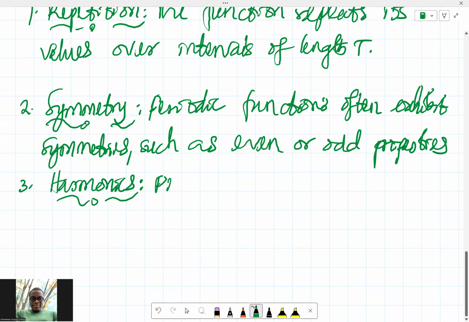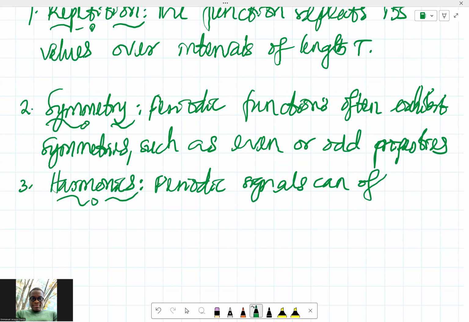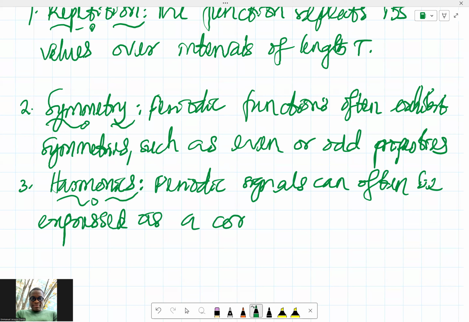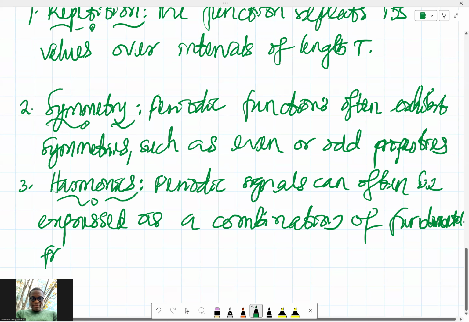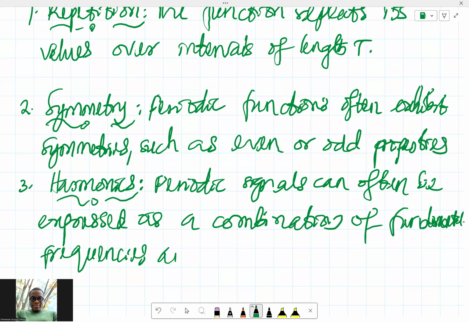Periodic signals can often be expressed as a combination of fundamental frequencies and their harmonics.